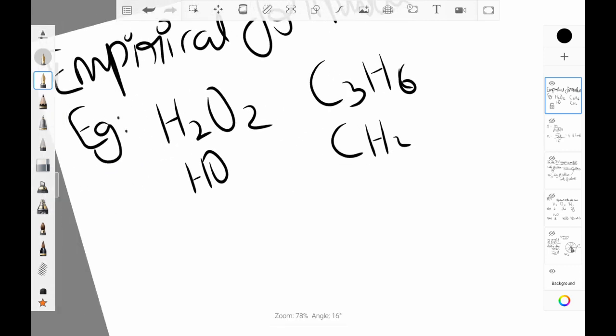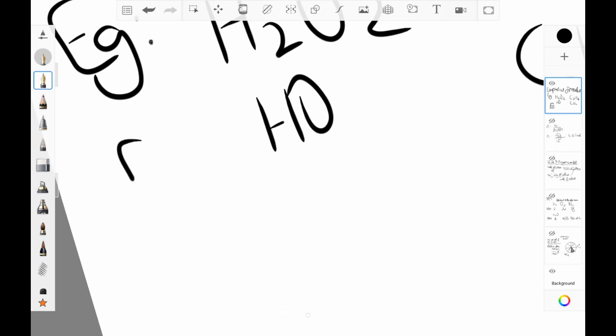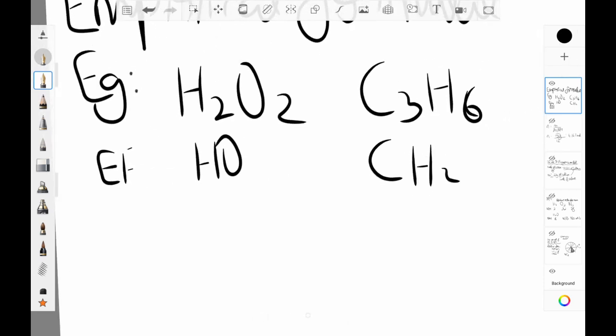So in both of these cases, HO and CH2 are the empirical formulae for the above compounds. Again, that doesn't necessarily mean that the compounds exist in these ratios. It's just the simplest ratio in which atoms can exist in a compound.